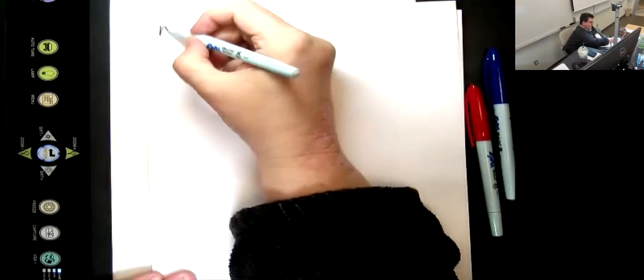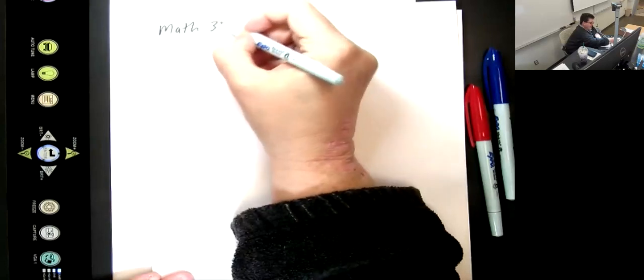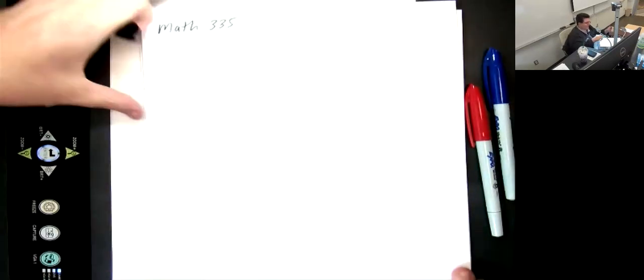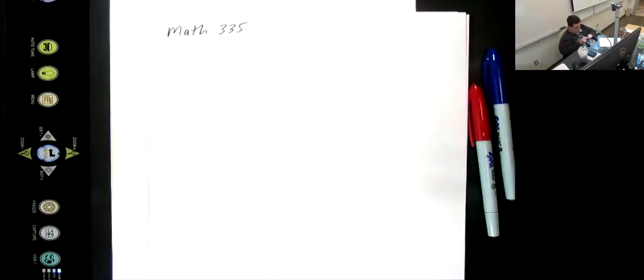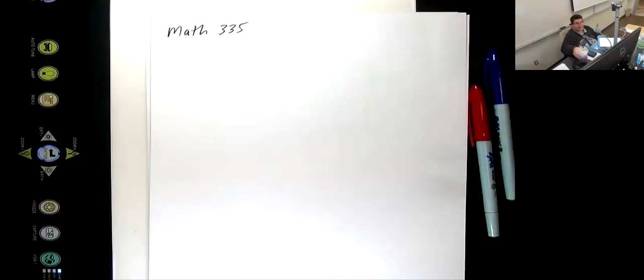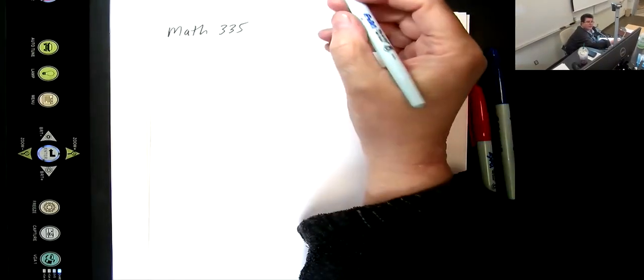Our Math 335. We got a question brought to us from section 3.4. I think the only way to really go about doing this is to write them down first.